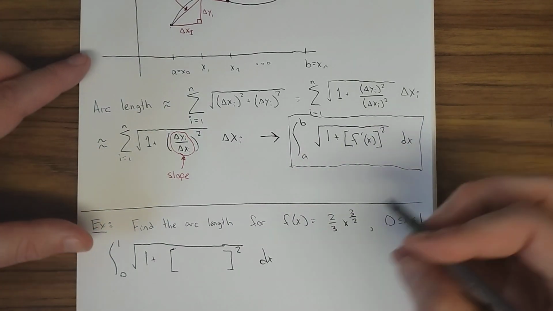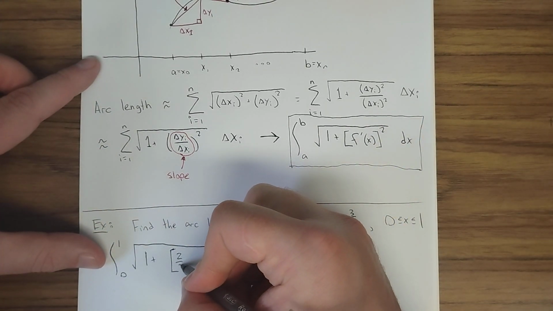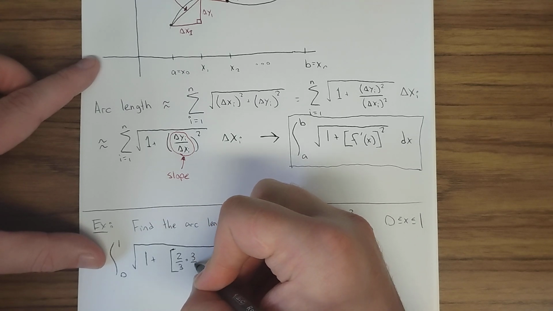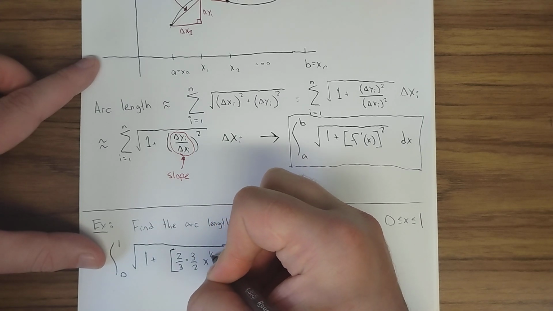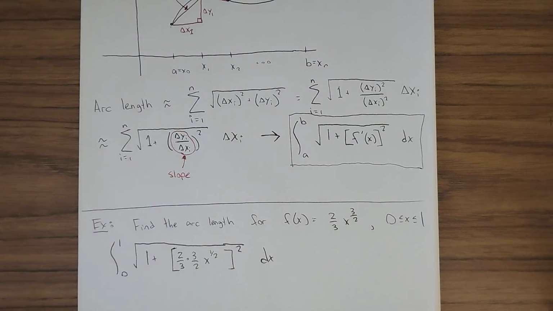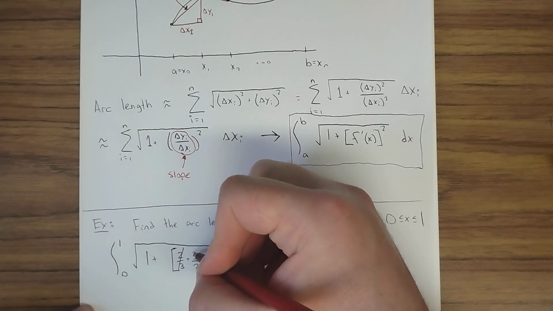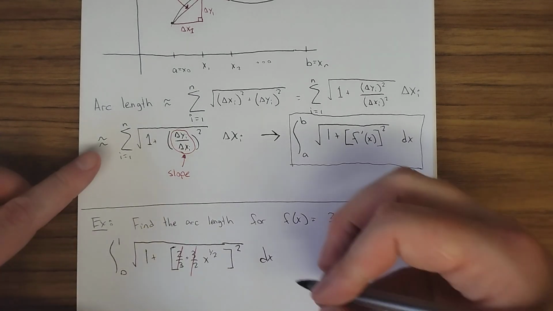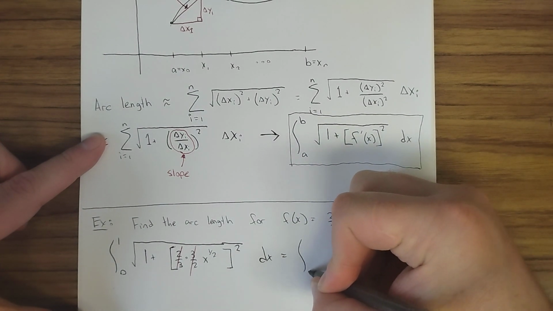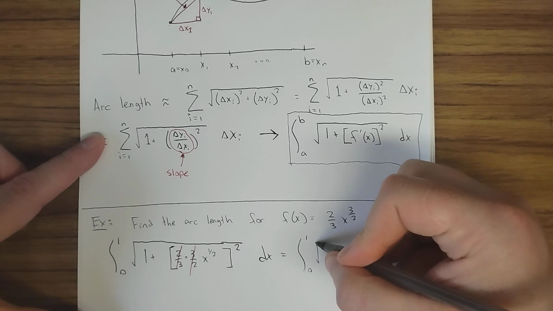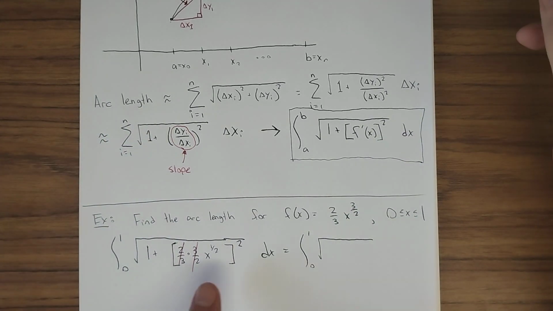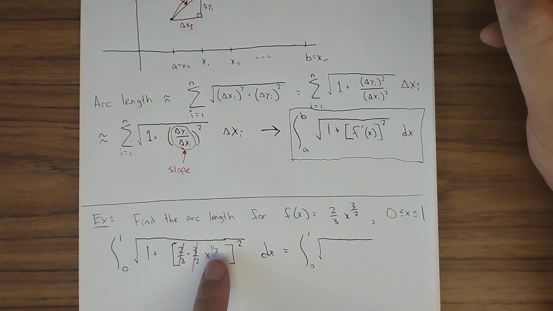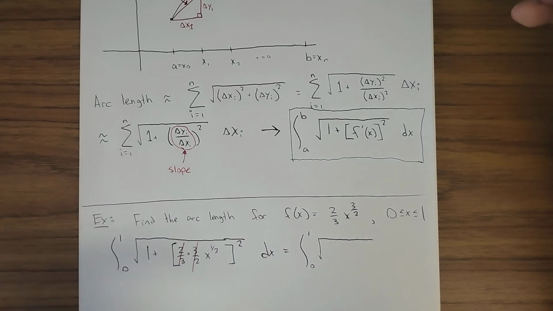So the derivative would be 2/3 times 3/2 x to the 1/2. I just brought the 3/2 down and decreased it by 1. Of course, that goes away. And I chose an easy one for our first example. In particular, when I take x to the 1/2 and I square it, that's just x.